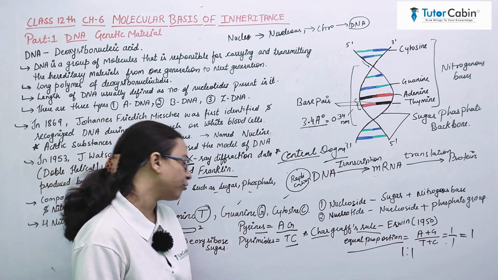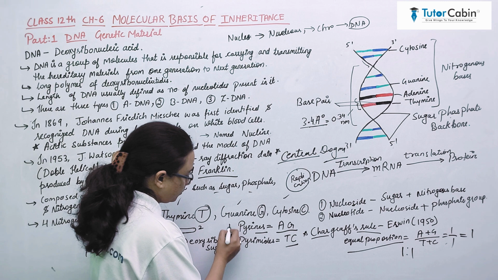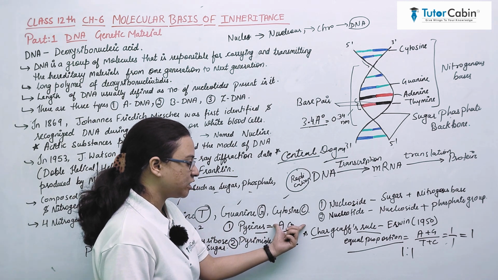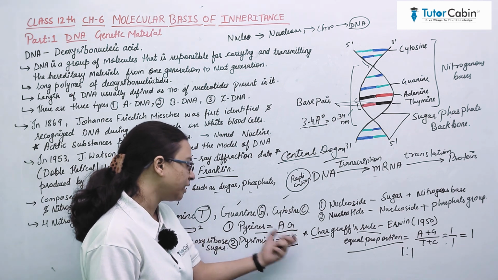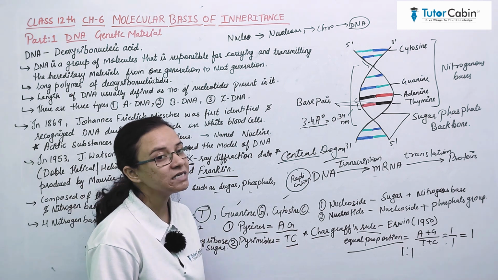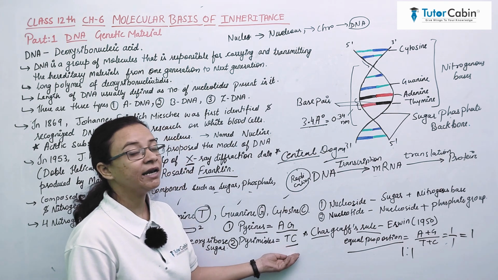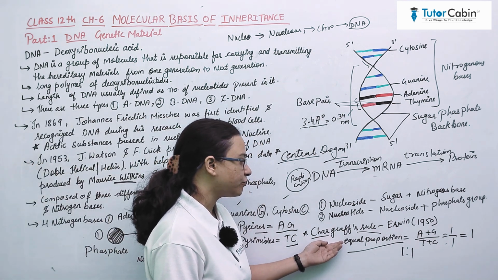There are two types of purine and two types of pyrimidine. First, the purines are A and G, adenine and guanine, and the pyrimidines are thymine and cytosine. Both are present in DNA in equal proportion. It is proved by Chargaff's rules.